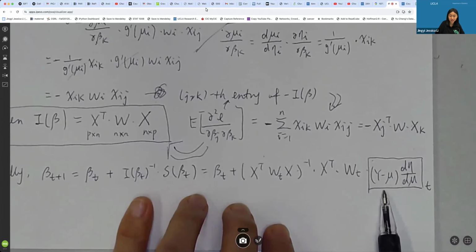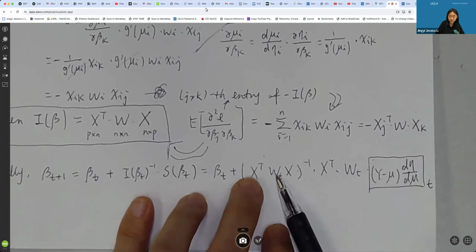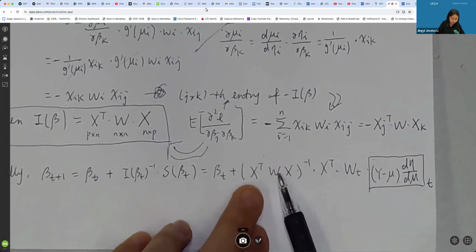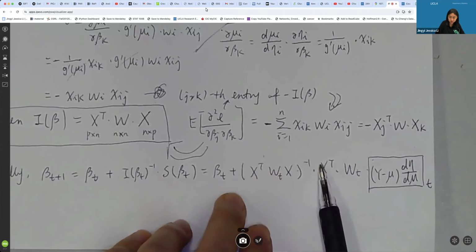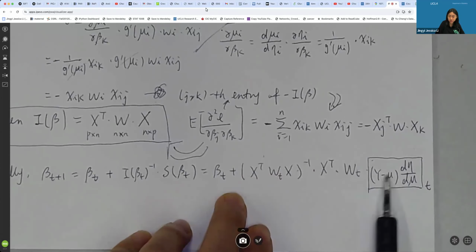I call this whole thing that. Okay, so that's basically it. You see the similarity here is that we have X transpose WX inverse times X transpose W times something.